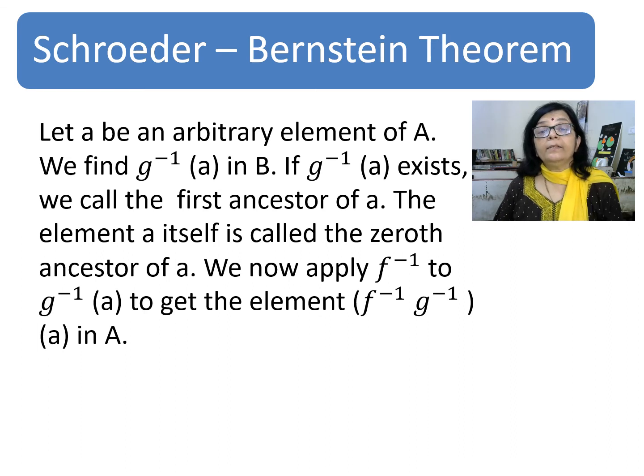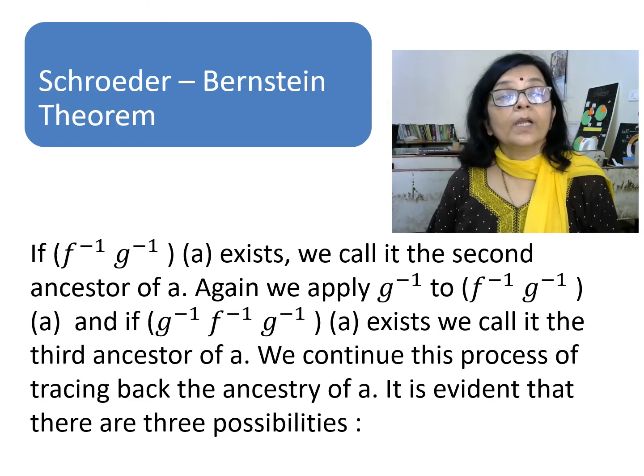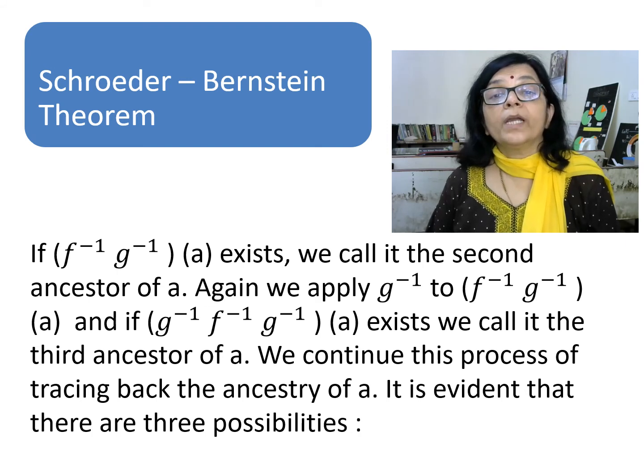The element a itself is called the 0th ancestor of a. We now apply f inverse to g inverse of a to get the element f inverse g inverse of a in set A. If it exists, we call it the second ancestor of a.